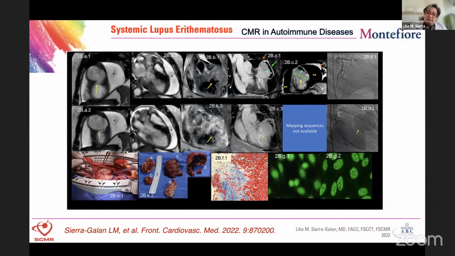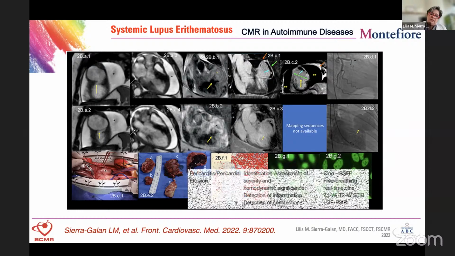So the patient started with proper treatment of lupus instead of the treatment of atherosclerosis, and she got better, and she never had another event. That highlights the importance of the proper diagnosis.